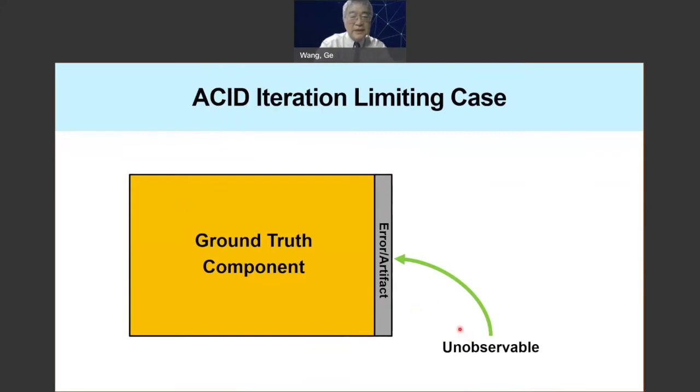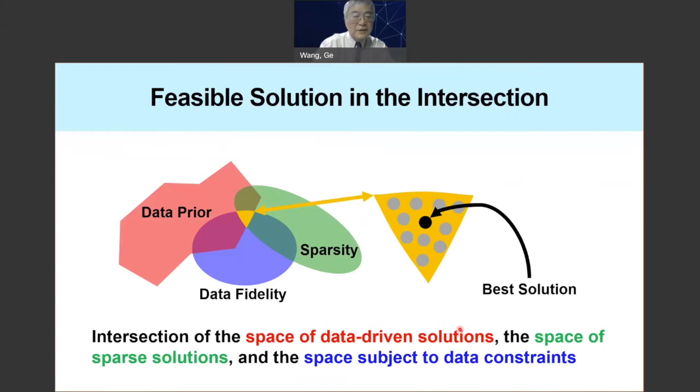And we have this illustration to show the idea. The deep learning-based reconstruction defines the data prior in the red region, and compressed sensing based on sparsity defines this green space. Then you do the tomographic measurement and the solution must respect data fidelity. You have this blue space.